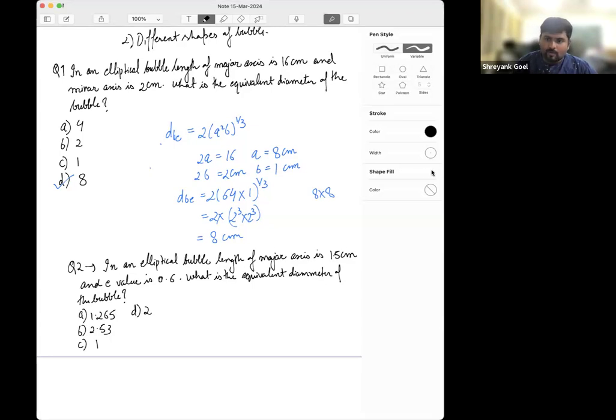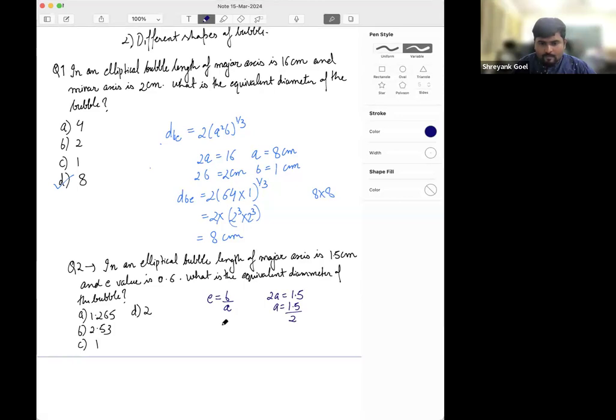That is again a formula-based question. We know what E is: E is nothing but b by a. The length of the major axis is 1.5 centimeter, which means 2a is 1.5, so a is 1.5 divided by 2.